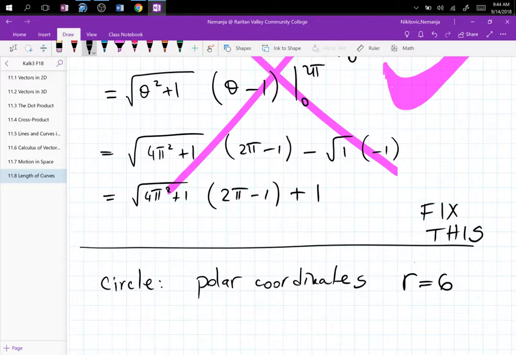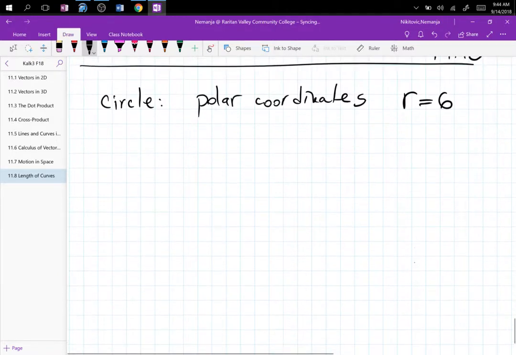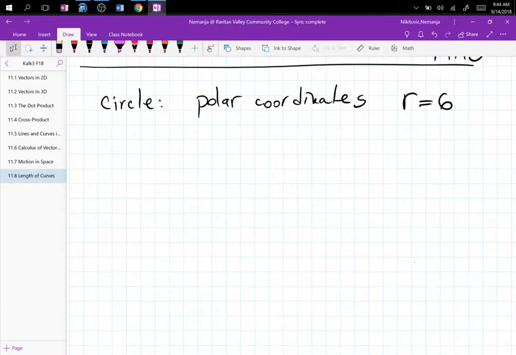It's the cheapest possible formula you can have in polar coordinates, which is why we use polar coordinates for circles. Compare that to x squared plus y squared equals 36 in xy coordinates. Much worse.